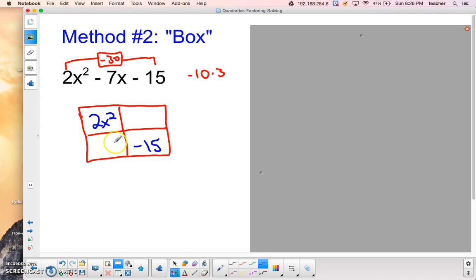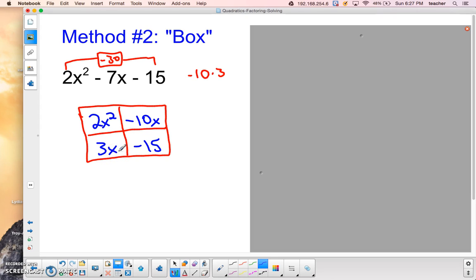These were the two boxes that we always got to add together as like terms to get this middle term. And so we're going to set those up on purpose using the negative 10x and a 3x. And so we're going to put those in here, and it doesn't matter which one goes where. So even if you choose to put the negative 10x here, but someone else chooses to put it here, your answers are going to come out the same.